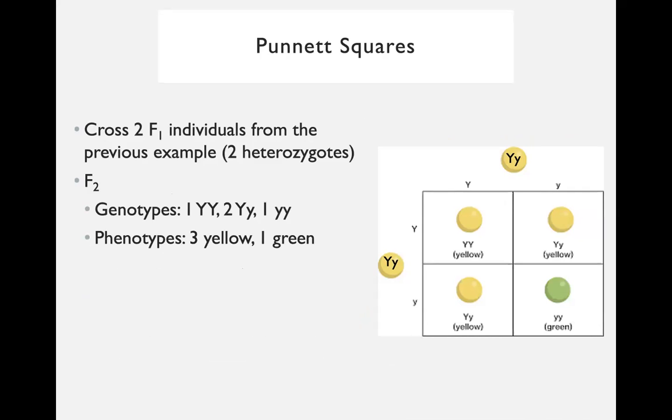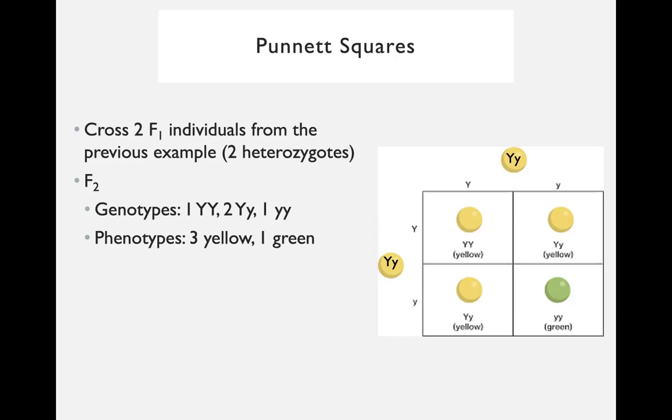So now when you cross 2 heterozygotes, you have a little bit of variability because now each of them has a big Y and a little y to donate. So we put big Y, little y on the top, big Y, little y on the side for the parents.